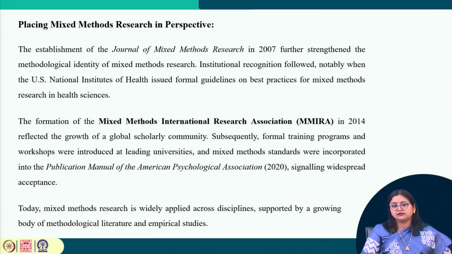Today, mixed methods research is widely applied across disciplines, supported by a growing body of methodological literature and empirical studies.